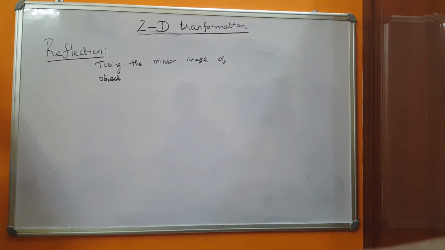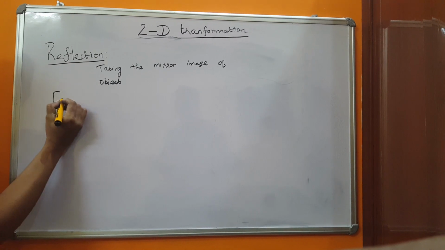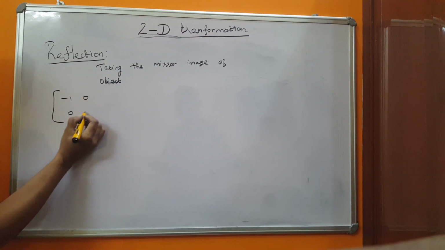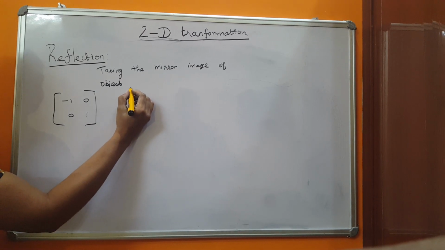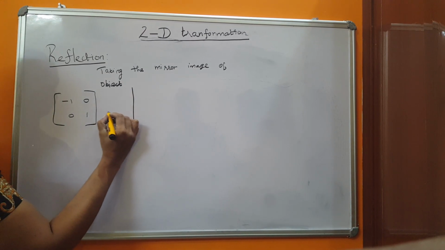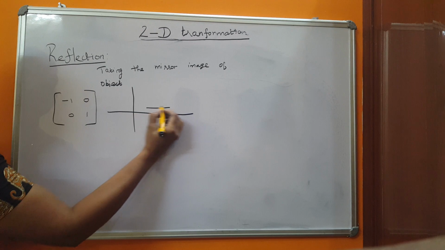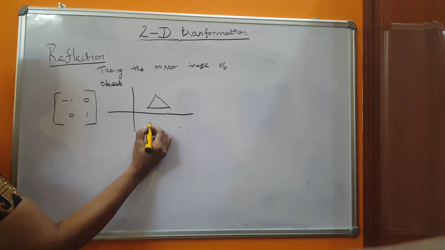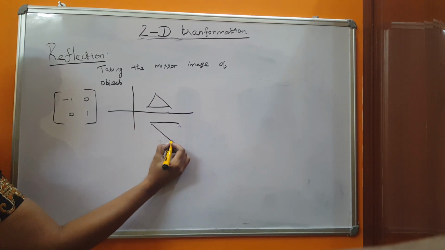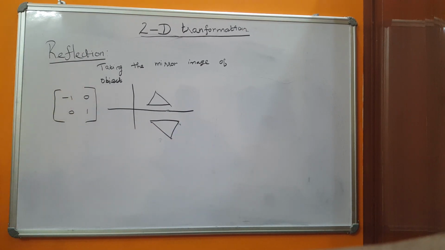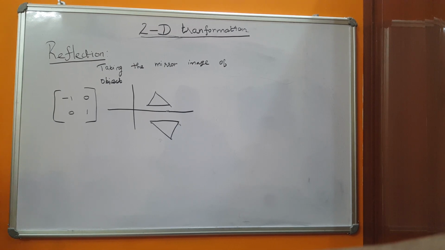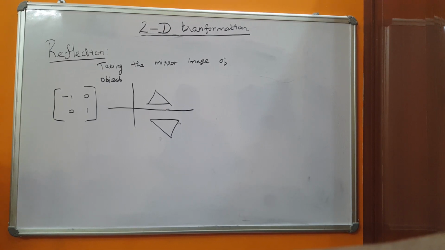The matrix for reflection is in diagram. The reflection process is like this. Similarly, reflection can be done about x-axis and about y-axis.